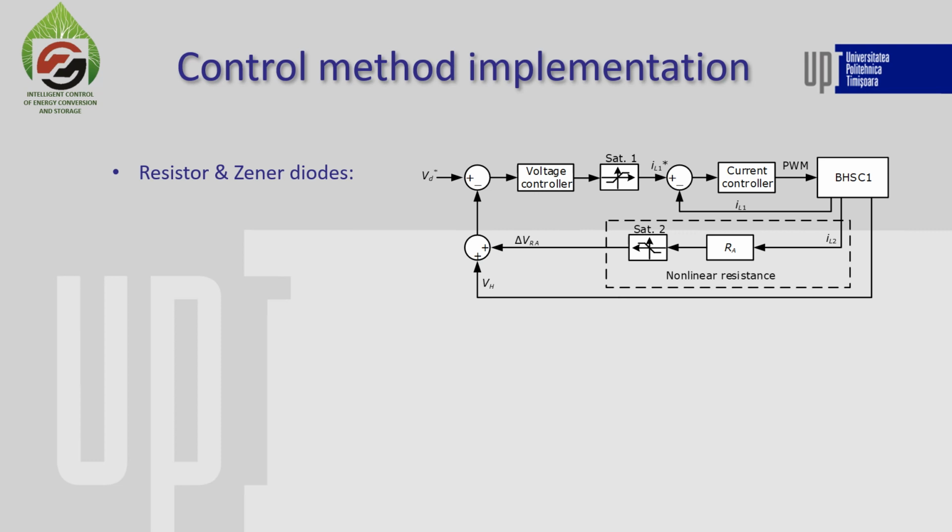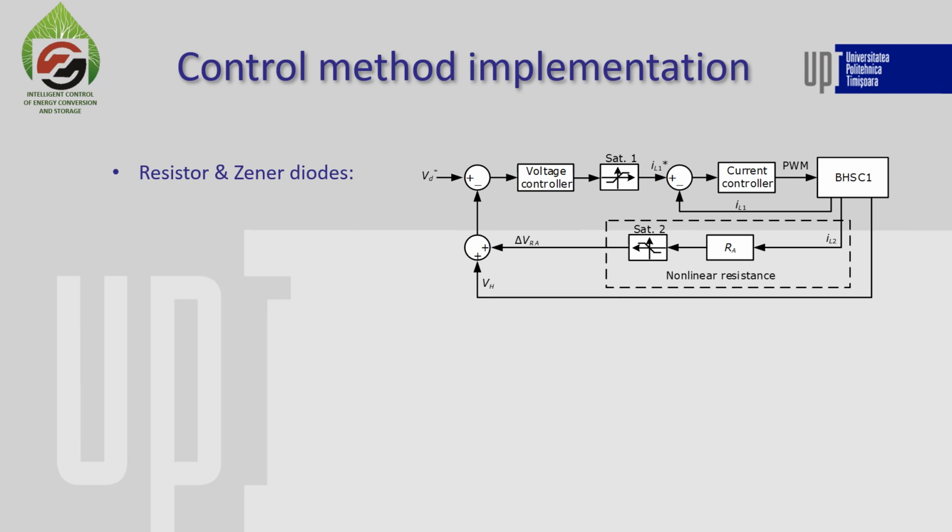The actual droop implementation contains the RA gain and the SAT2 saturation block, which are multiplied by the IL2 current, which can be approximated to the current from the high voltage bus.